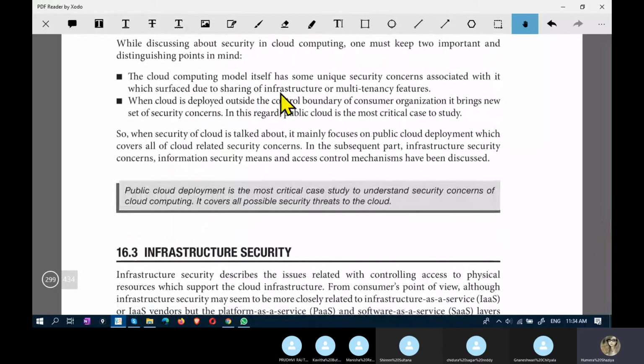Cloud model has some unique security concerns. Besides having similar security concerns as in the traditional computing environment, it has several others due to the fact that its resources are shared and there is a multi-tenancy feature.